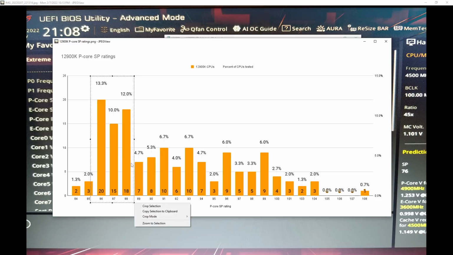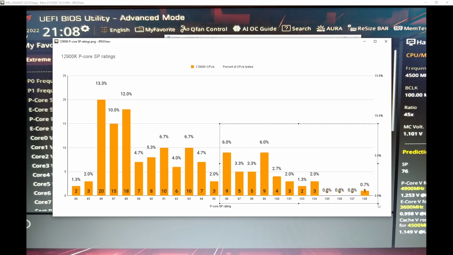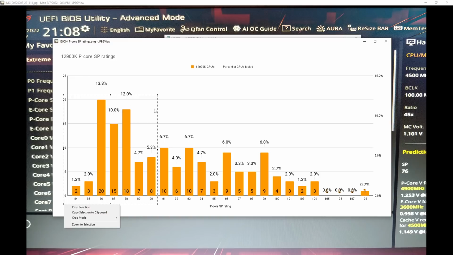Mind you, this is from launch, so if anything, this upper portion of the graph on current retail CPUs is probably gone, as CPUs in this range are probably being converted into 12900KS chips. So more 12900Ks are going to be falling into this range these days.